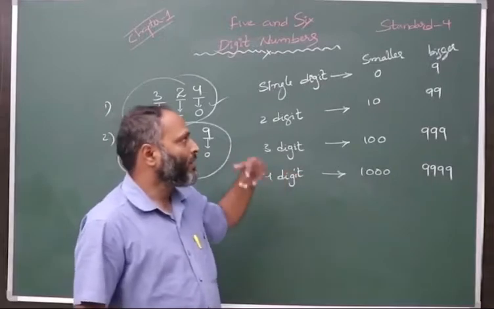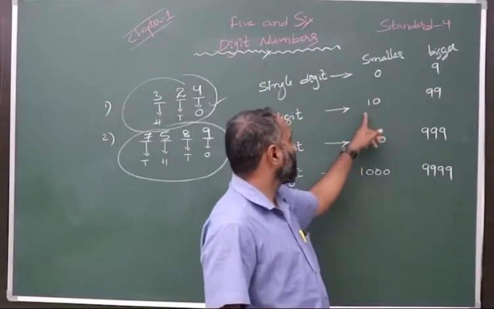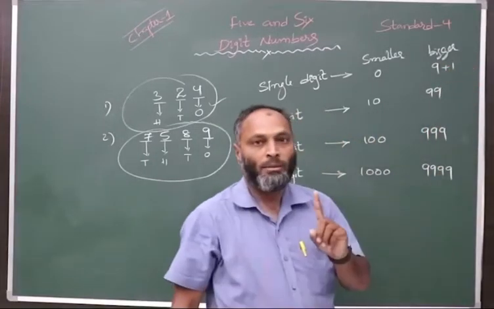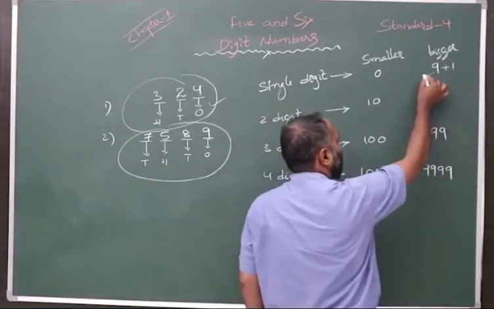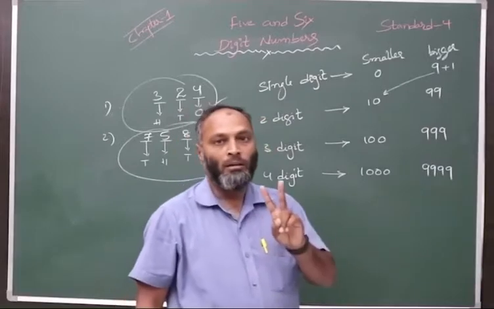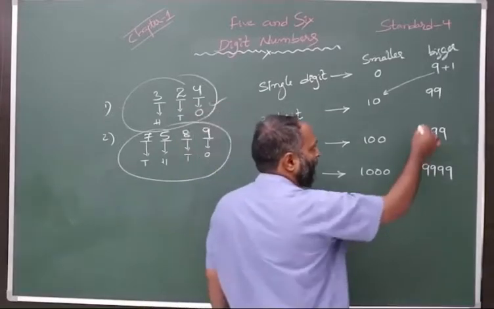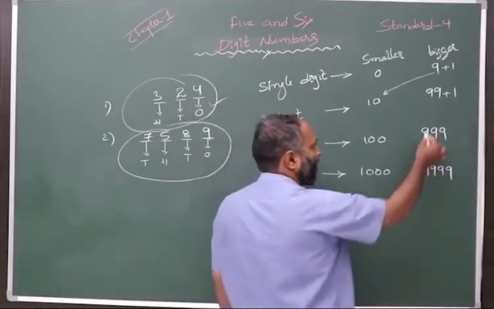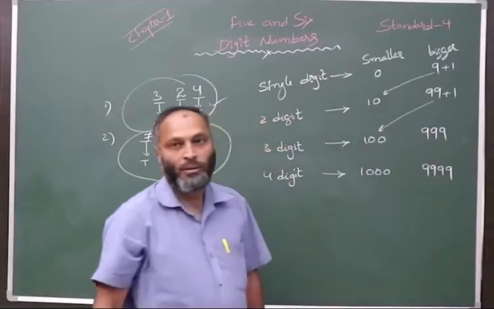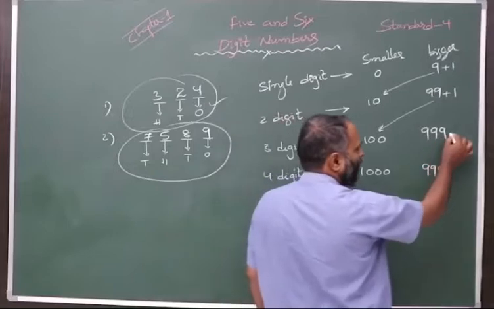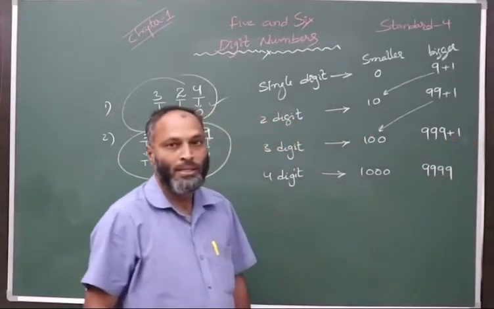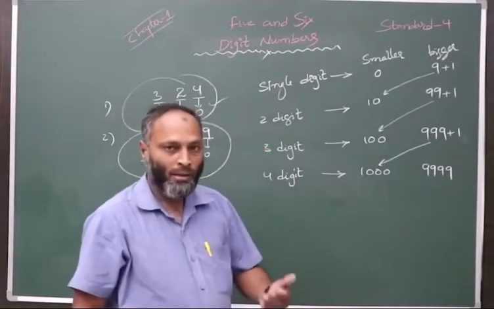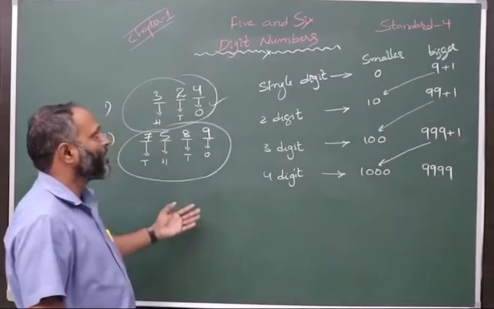If we add 1 to the single digit bigger number, we get the smaller 2 digit number. In the same way, if we add 1 to the 2 digit bigger number, we get the 3 digit smaller number. And if we add 1 to the 3 digit greatest number, we get the 4 digit smaller number.